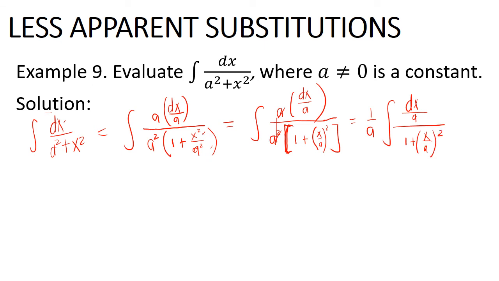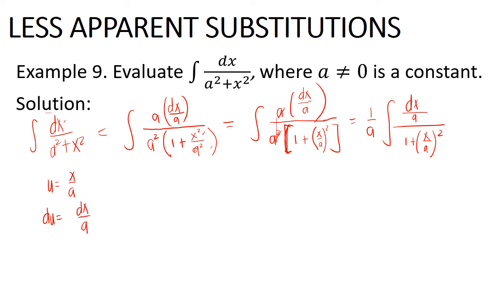So, para saan ba yung ginagawa natin? Makikita nyo rin. If we let u be equal to x over a, anong derivative ng u? Remember, a is a constant. So, magiging dx all over a lang yan.